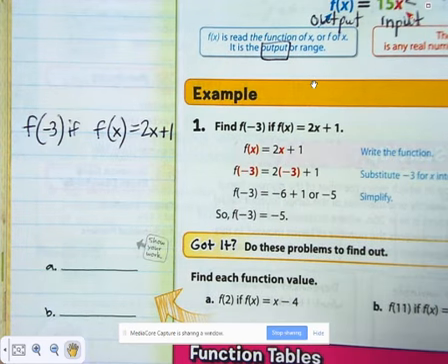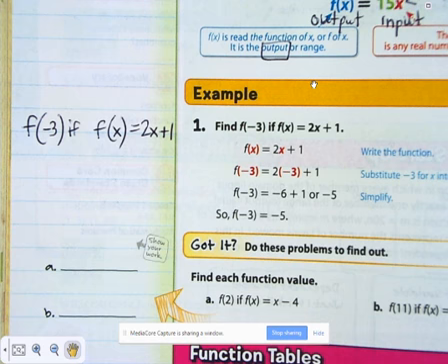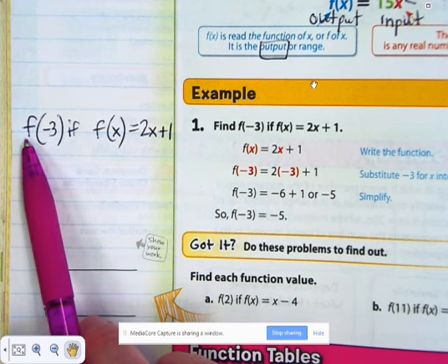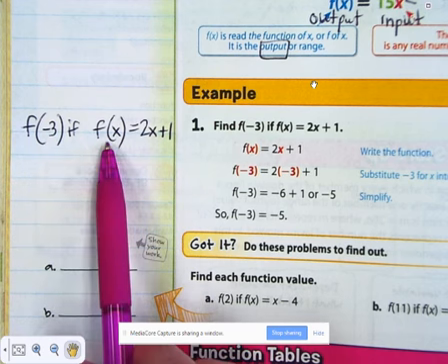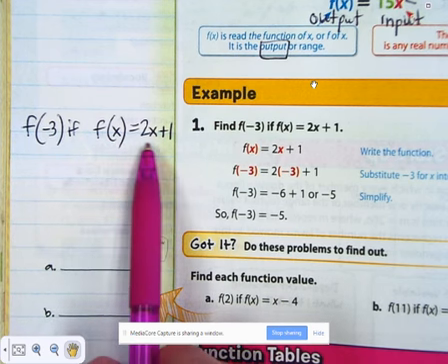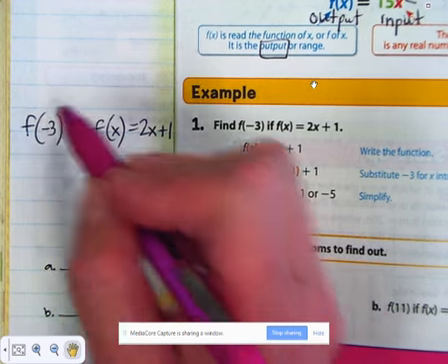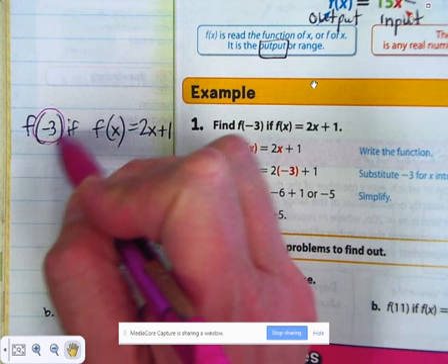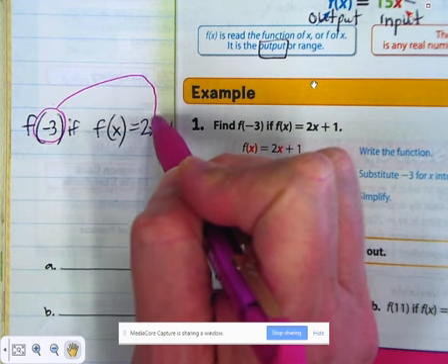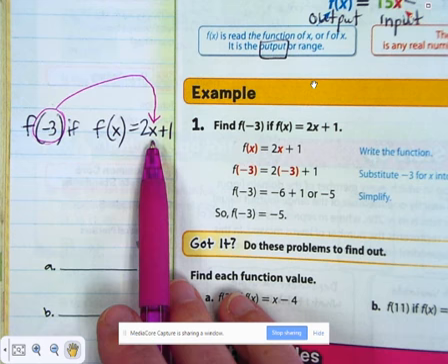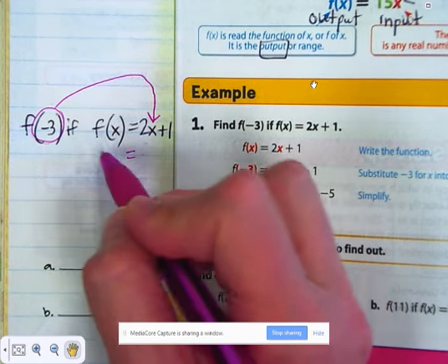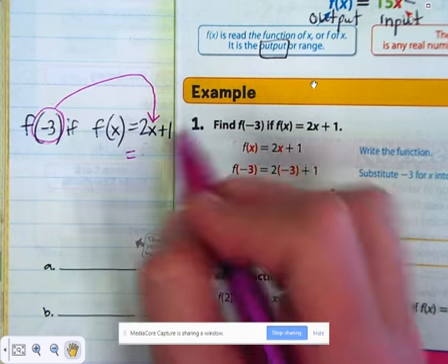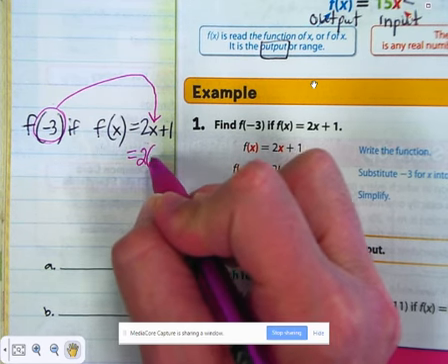This is saying, what is the function of -3 if you have a function of 2x plus 1? They're telling you to plug in -3 to the input side, and then you solve this side to get your output, your answer. So you're going to write 2 times -3.